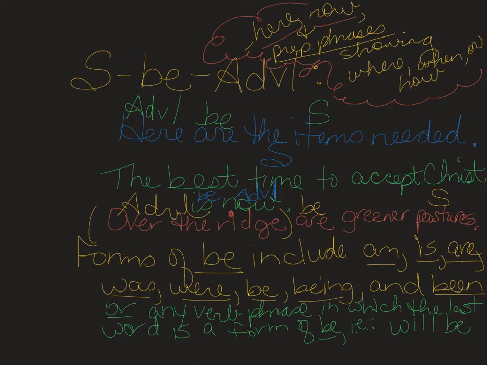So as long as one of these words is either by itself the verb or is the last word in a verb phrase, one of these 8 words, okay, then you could have the sentence pattern SBE-ADVL. And the example I give is the verb will be. Okay, that could be a being verb.